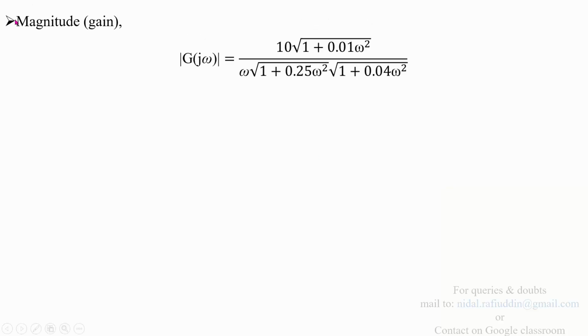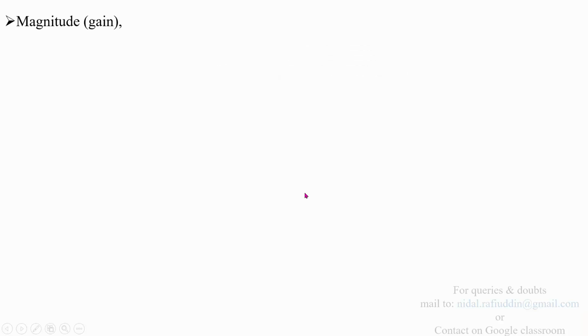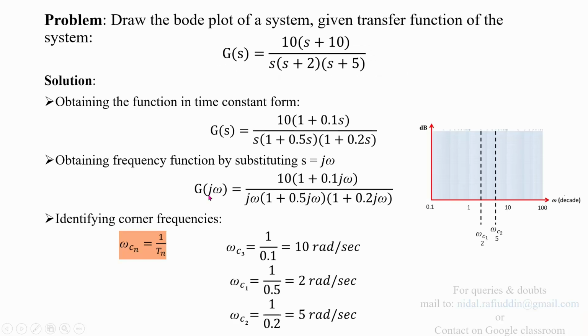Now we go to the next step, which says to obtain the magnitude in terms of dB. Before that, you'll have to obtain the magnitude of G omega as follows. Referring to the expression of G omega in the previous slide, from this expression we see that the magnitude of 10 plus j0 becomes 10. The magnitude of this term becomes under root 1 square plus 0.1 omega square.